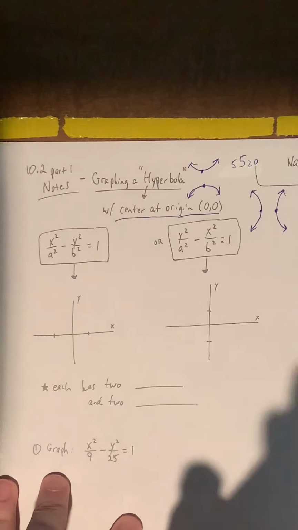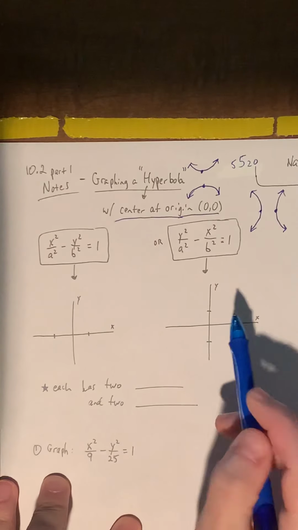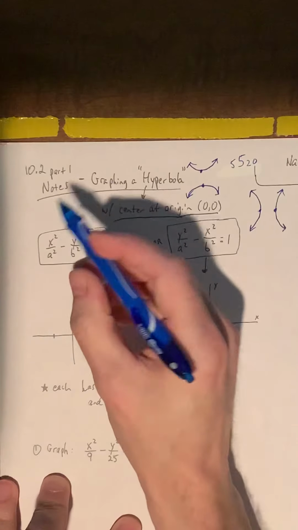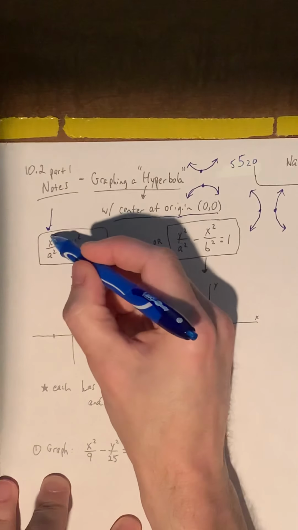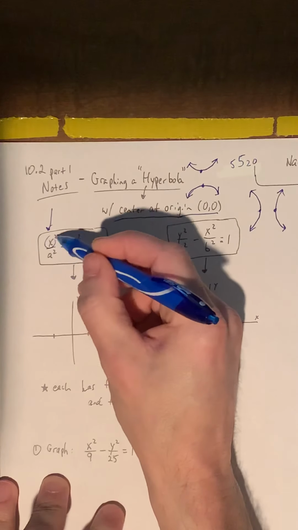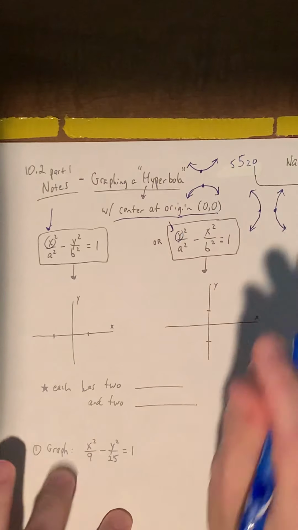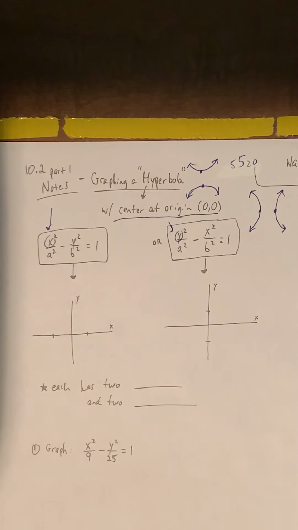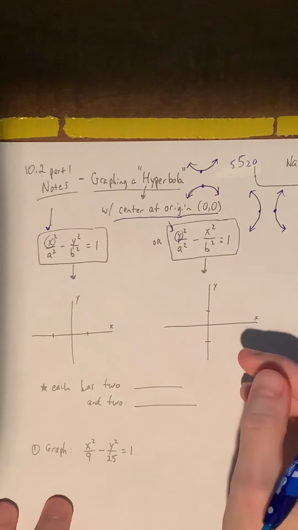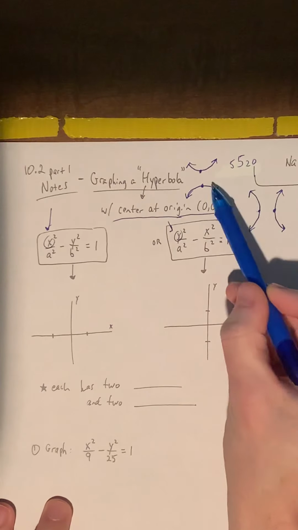Now, another thing that's going to make a difference in the equation and in how the graph looks is whether your x fraction comes first, the fraction with the x squared, or whether the fraction with the y squared comes first. That makes a difference, okay? And here's how you're going to know what it's going to look like. Remember I told you it's one of these two shapes.